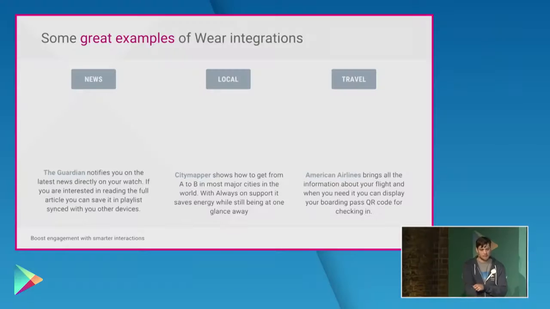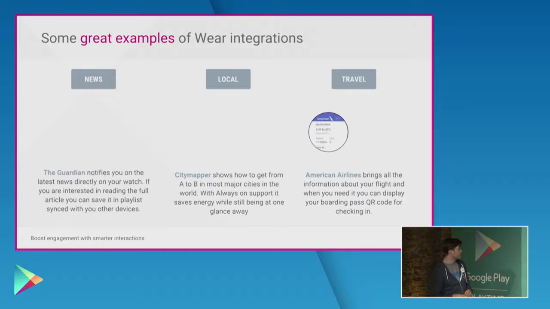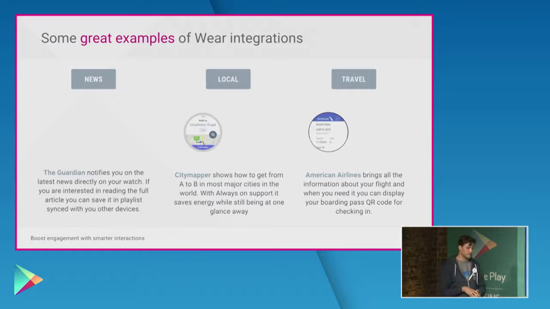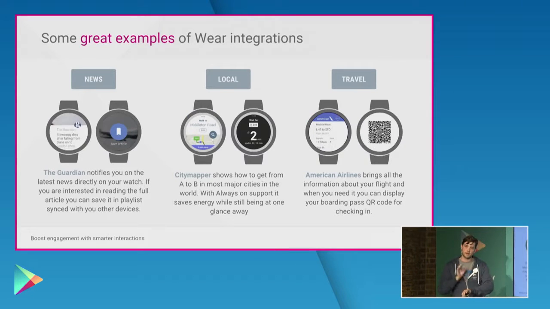So here are some great examples. One is The Guardian, which notifies you of the latest news directly on your watch. If you're interested in that piece of news, you can make a note of it and have it saved for reading later on your phone.